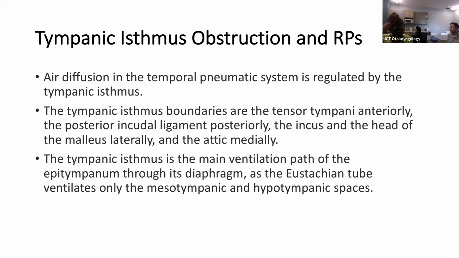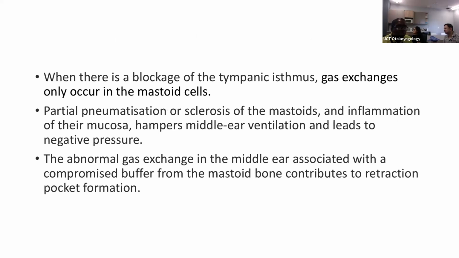The tympanic isthmus is the main ventilation pathway of the epitympanum through its diaphragm, and the eustachian tube ventilates only the mesotympanic and hypotympanic spaces. So the main ventilation for the epitympanum is through the tympanic isthmus.